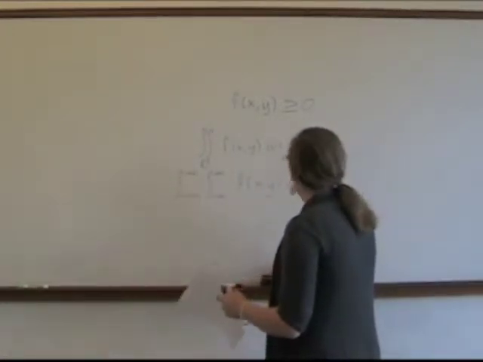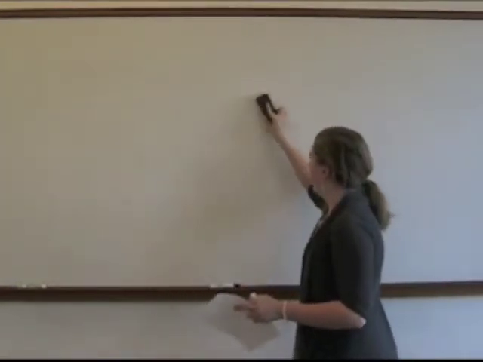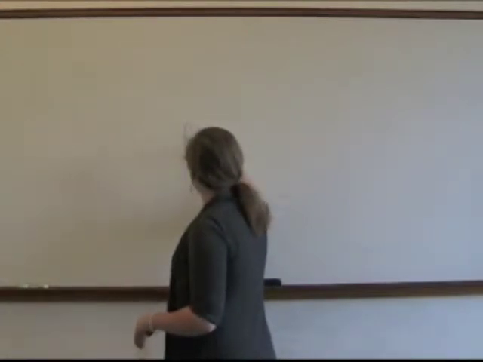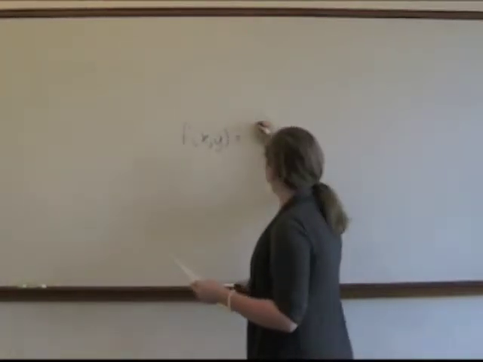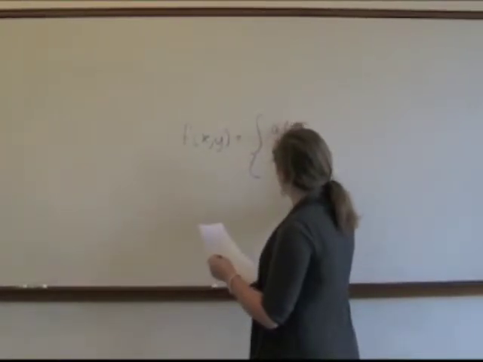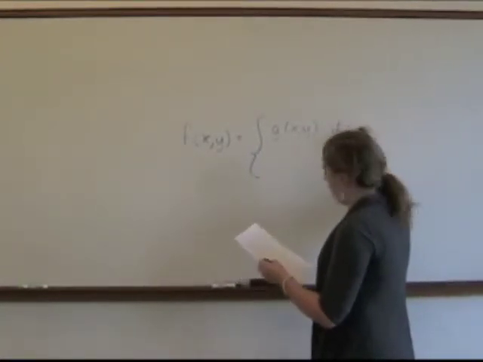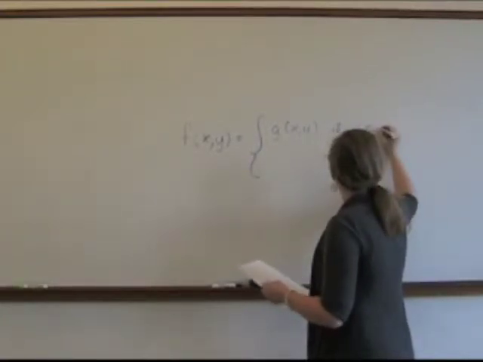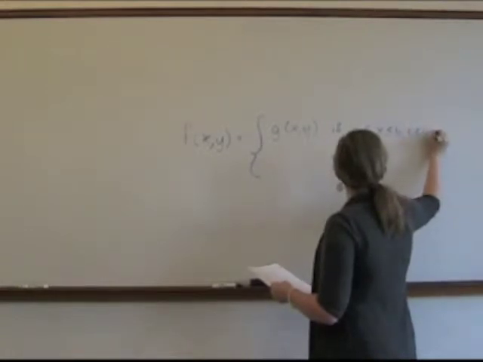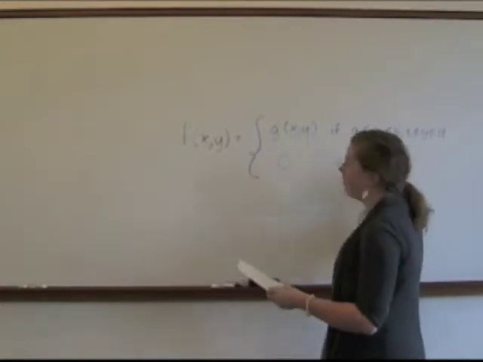So say we have a generic function f of x and y equals some g of x and y, such that x is between a and b, y is between c and d, and it's 0 everywhere else.